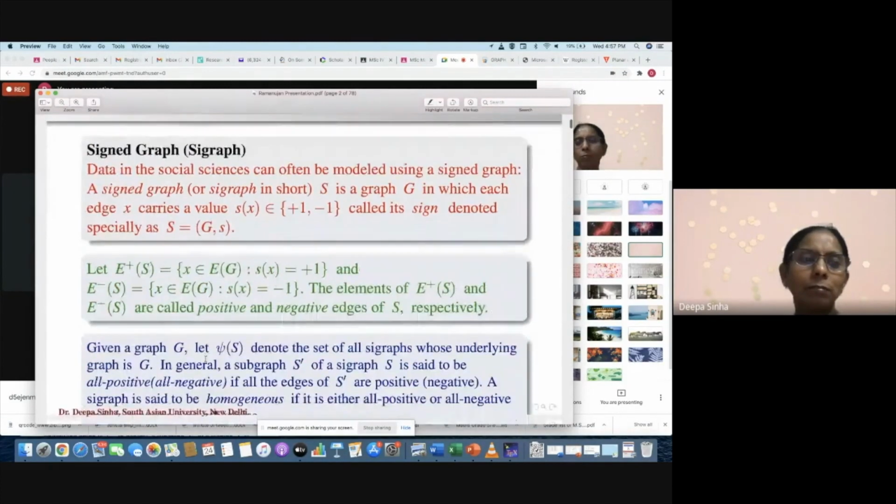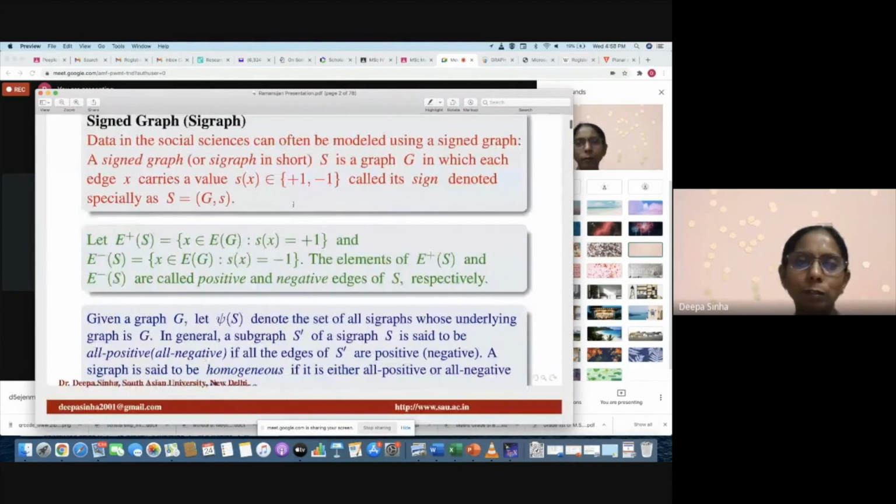All those edges receiving plus 1 under the small s are kept in one set E plus of S, the edges x belonging to E of G such that s(x) is equal to plus 1, and E minus is the set of x belonging to E of G such that s(x) is equal to minus 1. So these are the sets of edges whose weights are minus 1, and these are the sets of edges whose weights are plus 1.